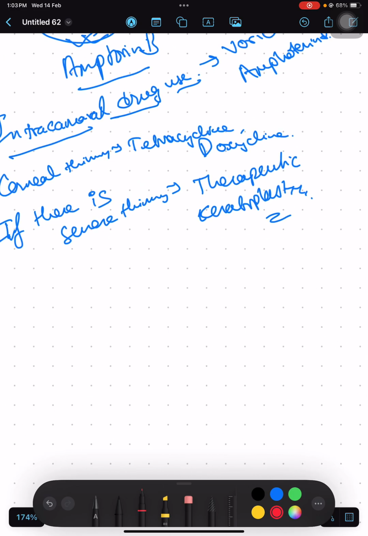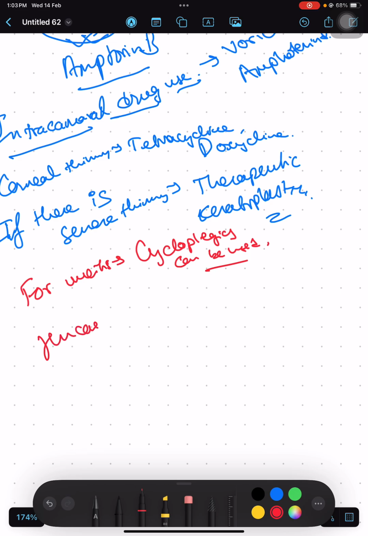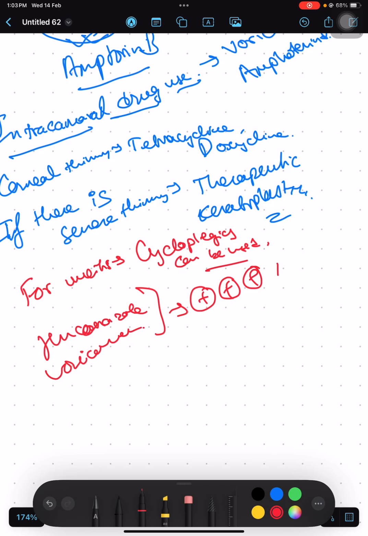Now for uveitis, cycloplegics can be used. So I hope we are clear till here. Okay, no confusions. Now what you need to remember is whenever we use drugs like fluconazole and voriconazole, we always need to monitor LFT.